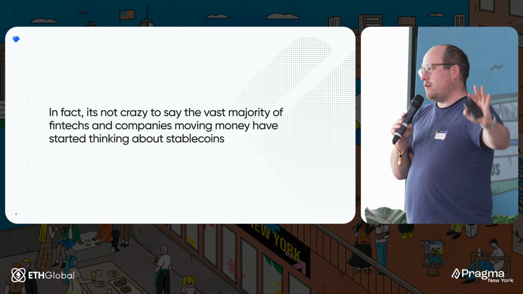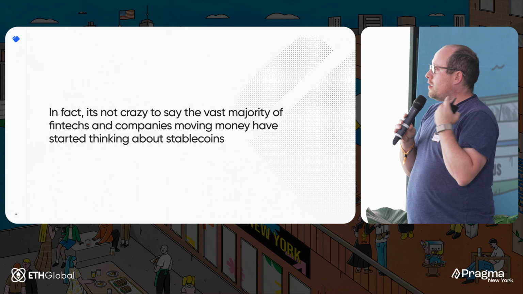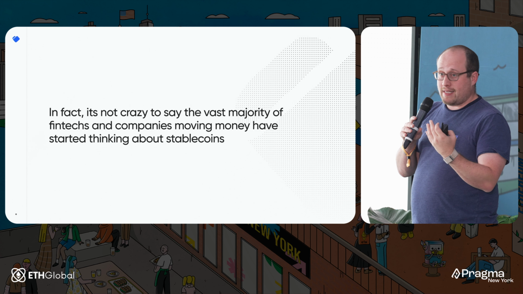If you were to ask me 6 months ago whether this statement would be true, I would have told you you're out of your mind. But that changed extremely quickly, and we're seeing that accelerate.